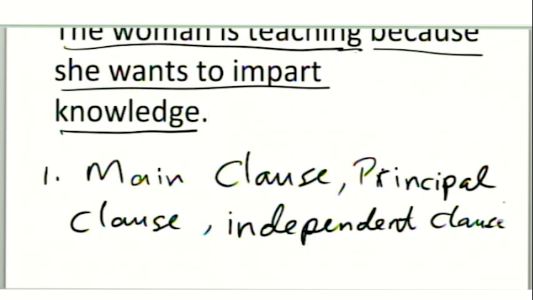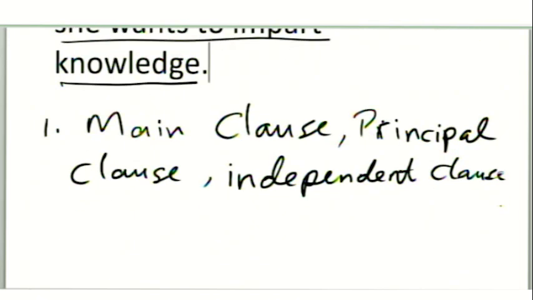It is the main clause because it stands on its own to make meaning. We also call it the principal clause. Independent because it does not depend on any information to make meaning. So our main clause, we have the woman is teaching.